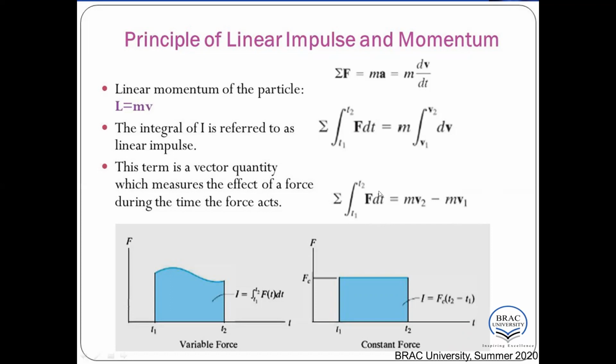So the integration of f dt gives the impulse in the case of variable force. In the case of constant force, figure 2 gives the constant force, and impulse is equal to F times delta t. But in the case of variable force, impulse is equal to the integral from t1 to t2 of F dt, where F is a function of time.